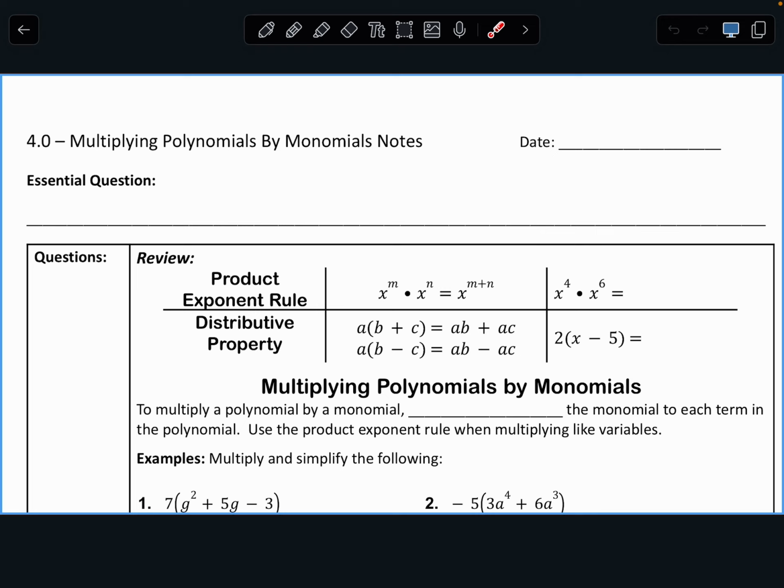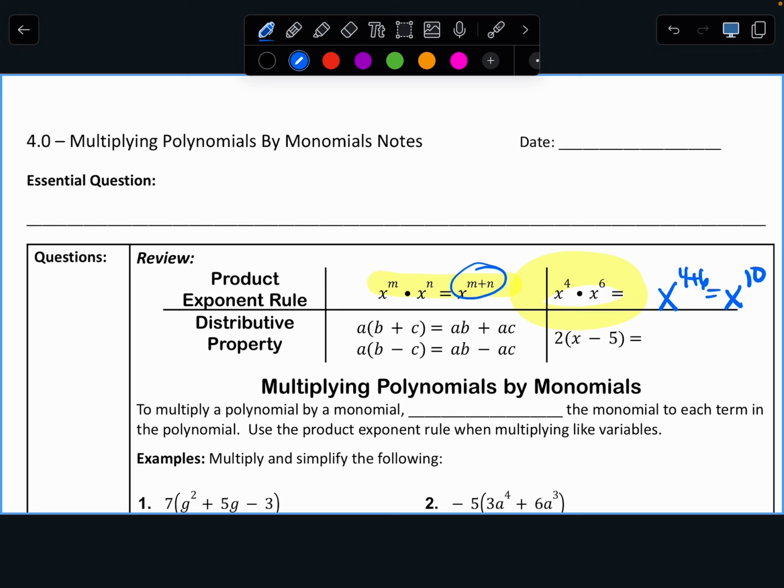We just add those exponents. So that becomes x to the 4 plus 6 equals x to the 10th.